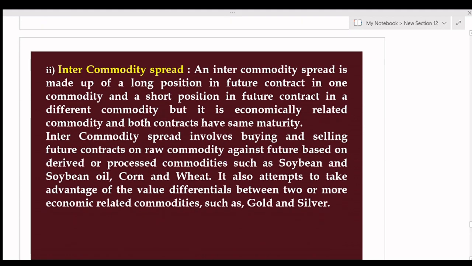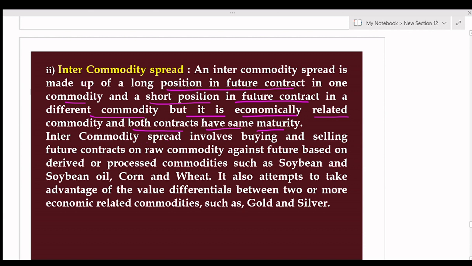Intercommodity spread. An intercommodity spread is made up of a long position in a future contract in one commodity and a short position in a future contract in a different commodity, but economically related, and both contracts have the same maturity.